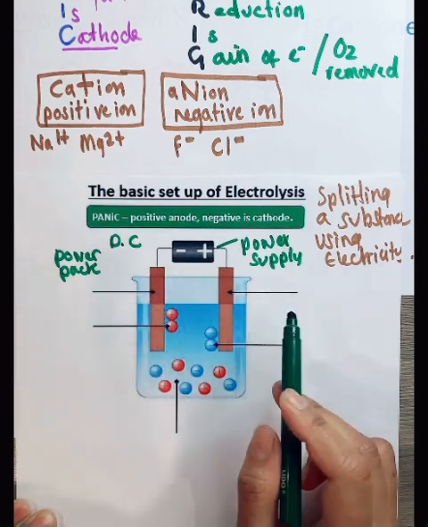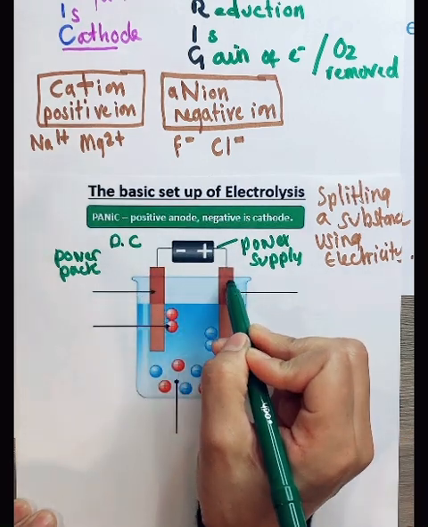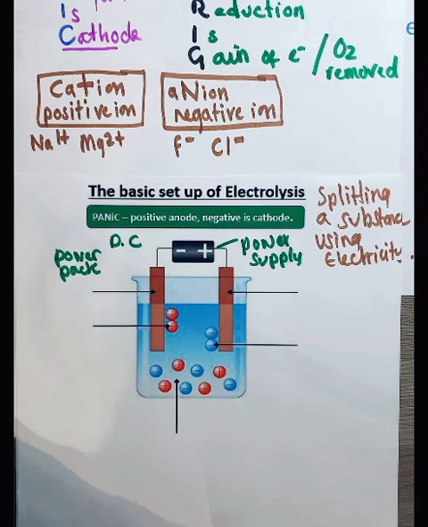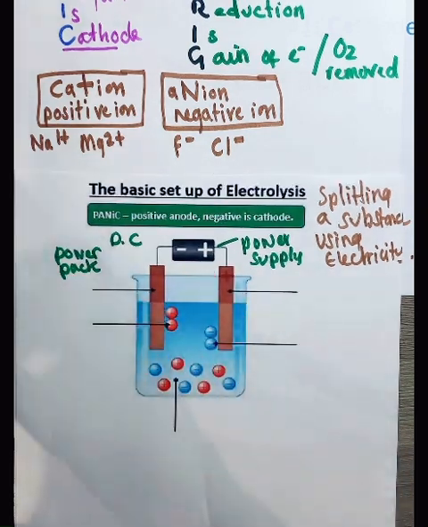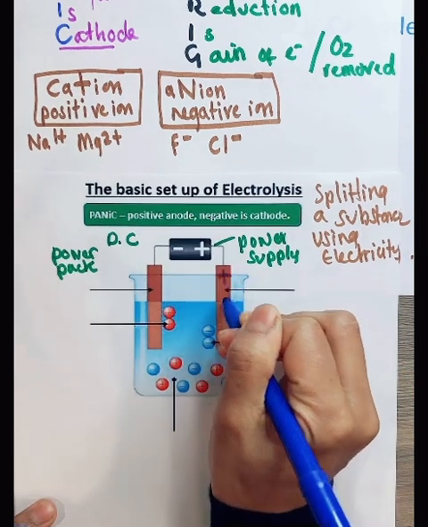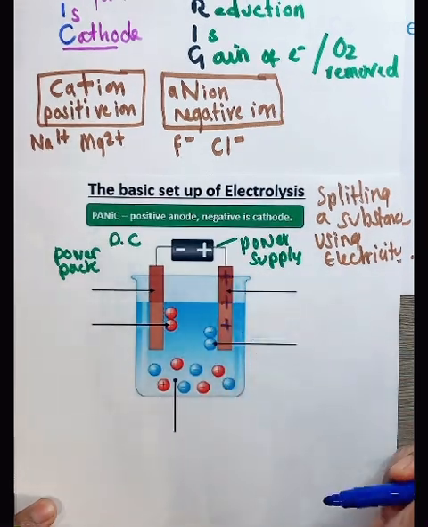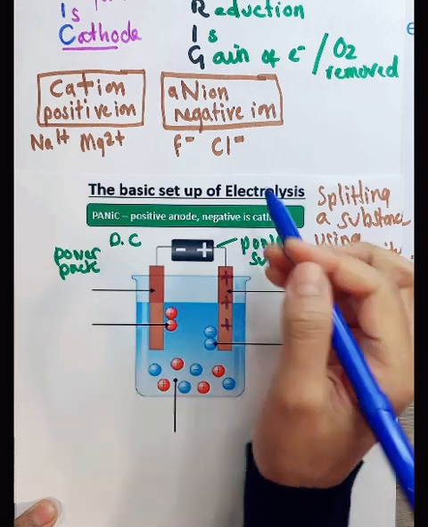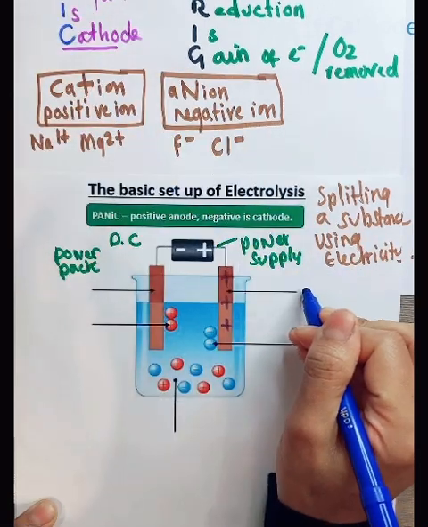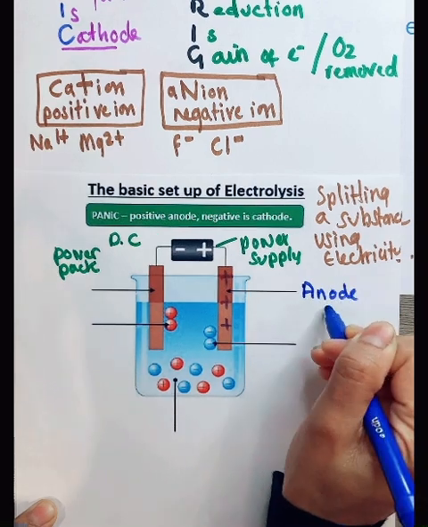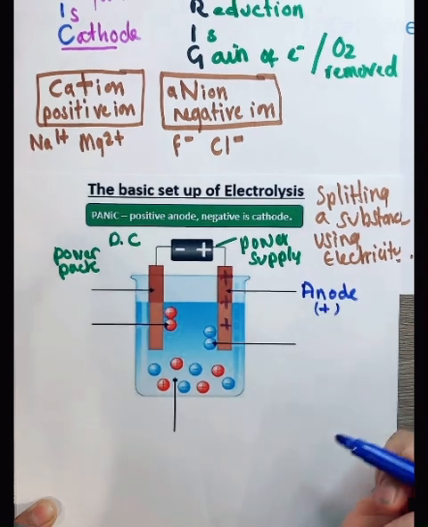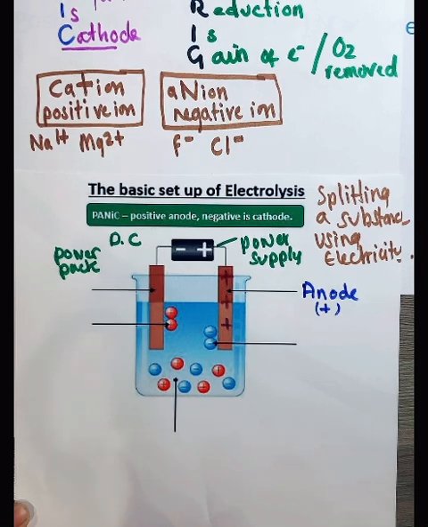Then you have your two electrodes here. This electrode will be the positive electrode. Don't know if you can see that. That's the positive electrode here. So if we use PANIC, positive is the anode. So we can name this electrode the anode and we can put a plus there so we remember it's positively charged.